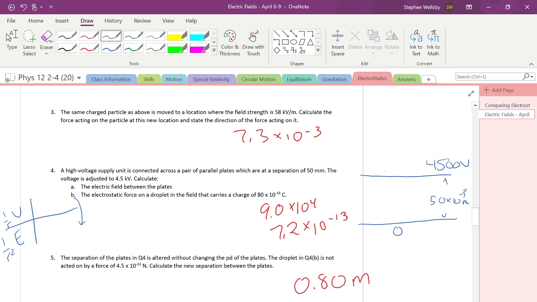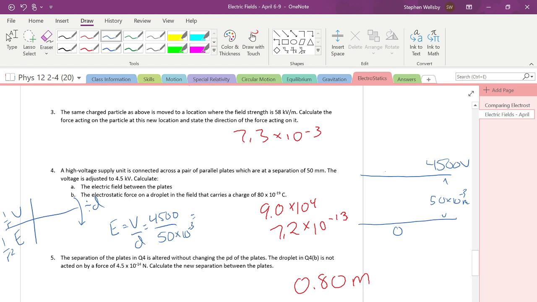So even though we're not talking about a point charge, we're talking about plates, the idea that you need to divide by d, or divide by r, to get from potential to field is still correct. So in this case our formula for E is just V divided by d, which is 4,500 divided by 50 times 10 to the minus 3, which gives us 9 times 10 to the 4 volts per meter.